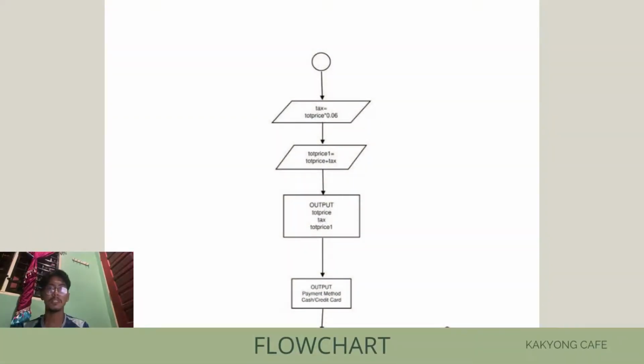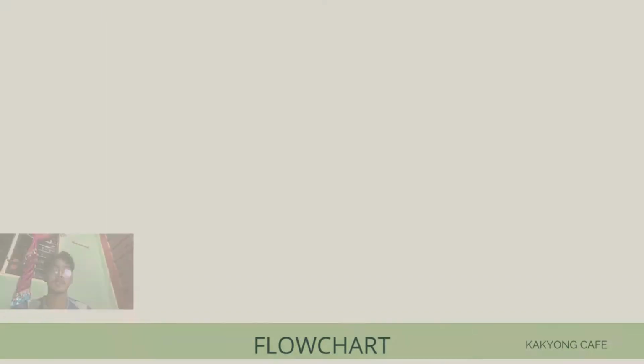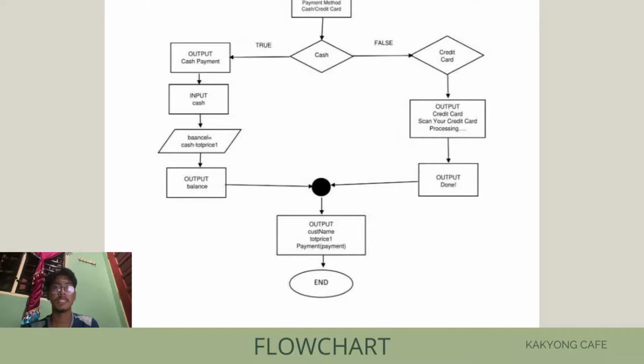Next, the output is the tax, which is 6% multiplied with the total price. Then, the output is the total price that should be paid by the customer after the total price of the order is added with the tax. Then, the output is the payment method. For the payment method, if true, the output is cash payment, and then the screen displays for the customer to insert the cash.